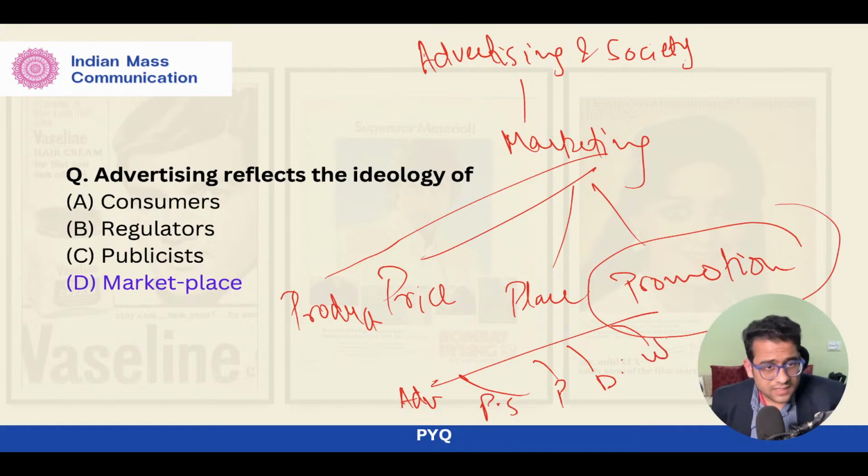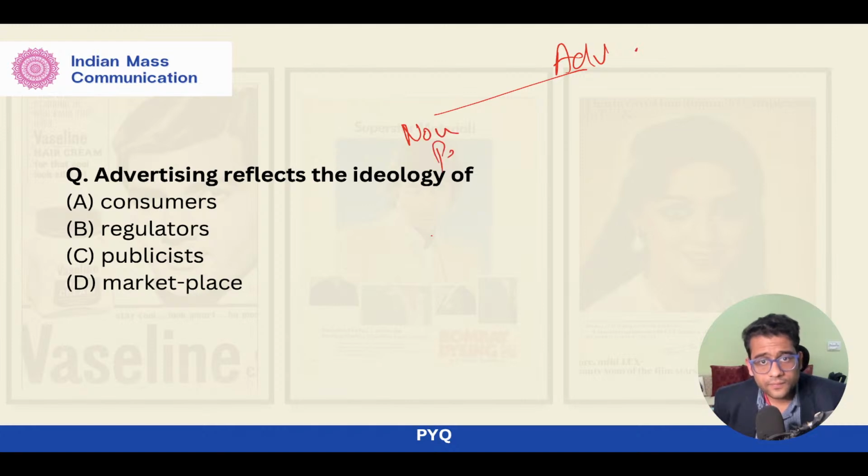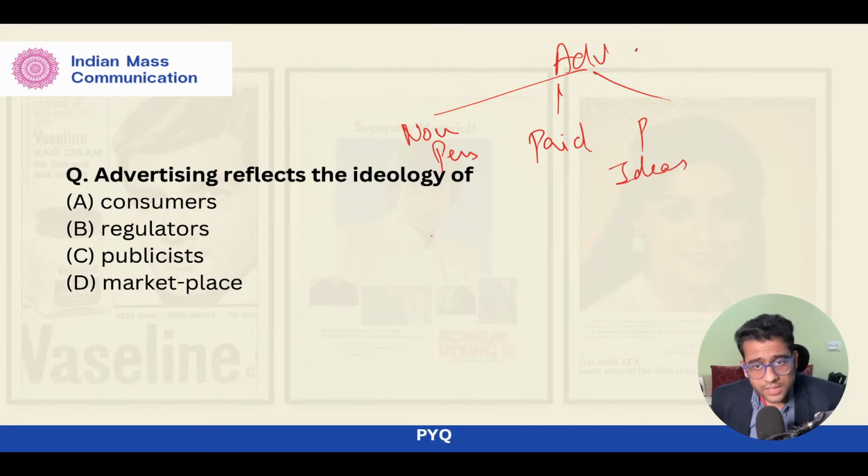Then we learned about the basic characteristics of advertisements. What are the characteristics of advertisement? It is non-personal, it is a paid form of communication, it is promotion of ideas, product, service. It has an identified sponsor.